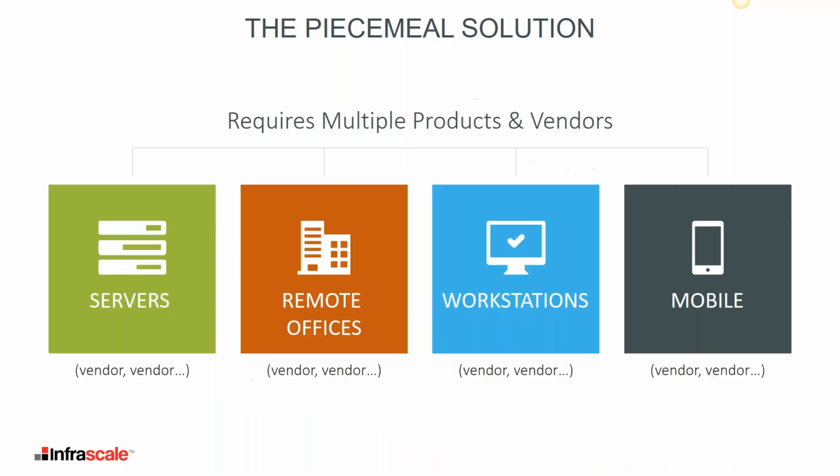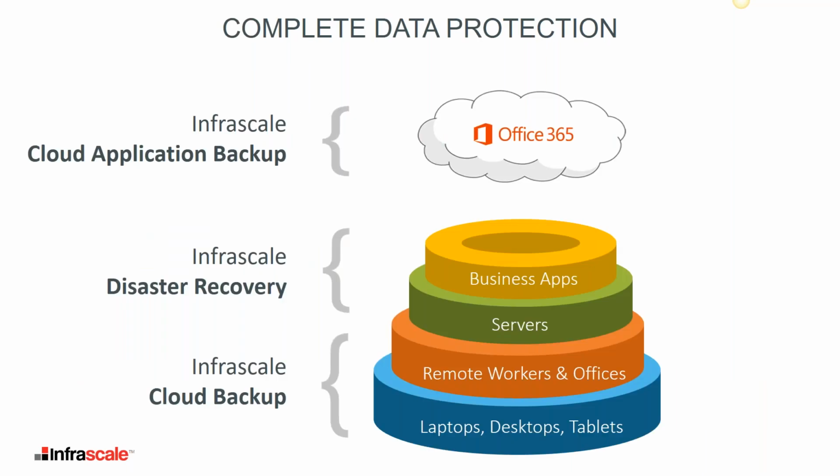These are also exposed. Infrascale has a solution for all of these versus having to go to multiple products and multiple vendors. This is important for the team responsible to recover, because you want to be able to go to one person or one organization to get answers for the entire recovery and not have to deal with multiple support systems and multiple workflows, none of which are talking to each other.